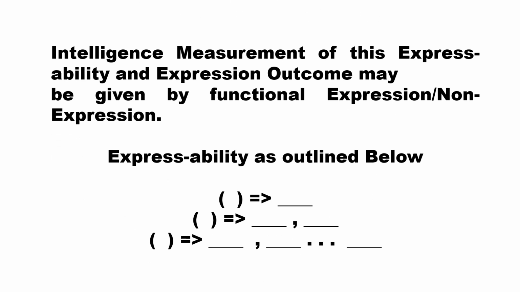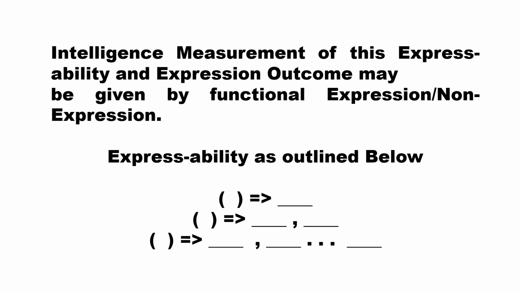The measurement of intelligence is given with this expressibility and expression outcome, given also by functional expression and non-expression. This is how we get our measurement of so-called intelligence and expressibility.